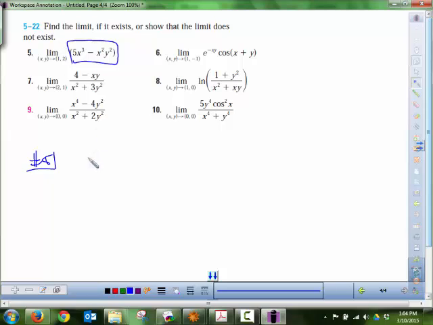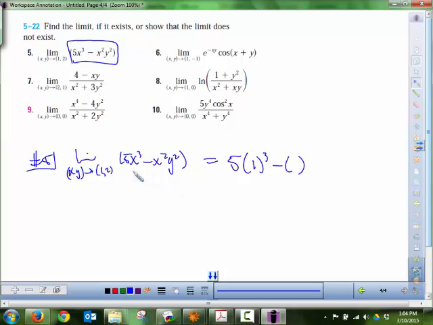And so what we do for number 5, for example, limit as x, y approaches 1, 2, of 5x cubed minus x squared y squared. For this, there's really not an issue or question about what's happening. All we have to do is plug in the points. So it's going to be 5 and x is 1.